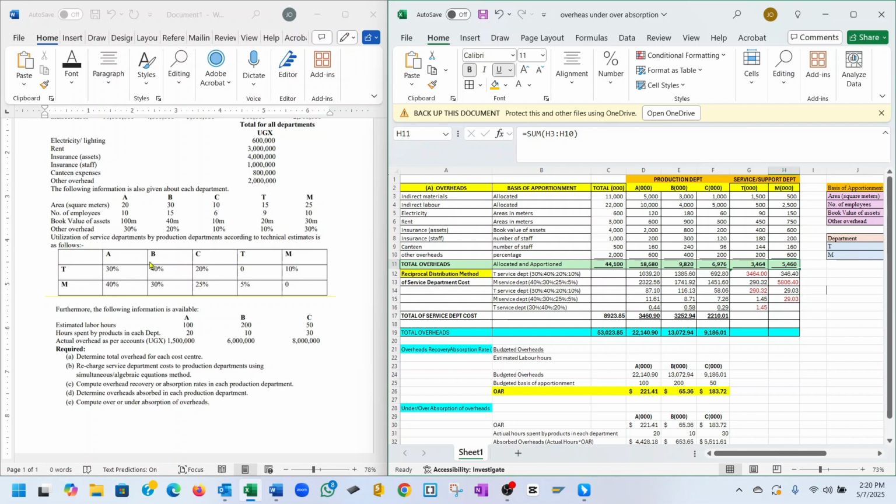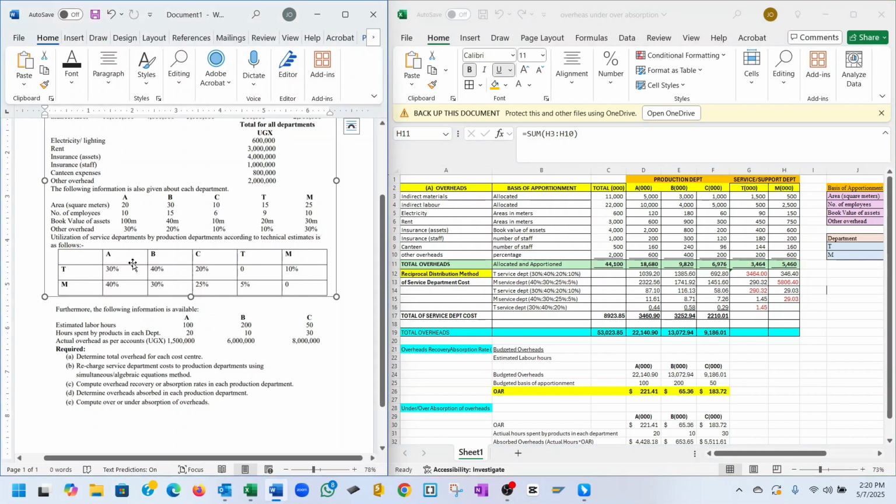So I explained to you earlier, A is using 30% of T, B is using 40% of T, C is using 20% of T, T itself cannot use itself, and M is using 10% of T. Now, when you look at this particular side of the table, you will see that for T is 0 and for M is 0 here.